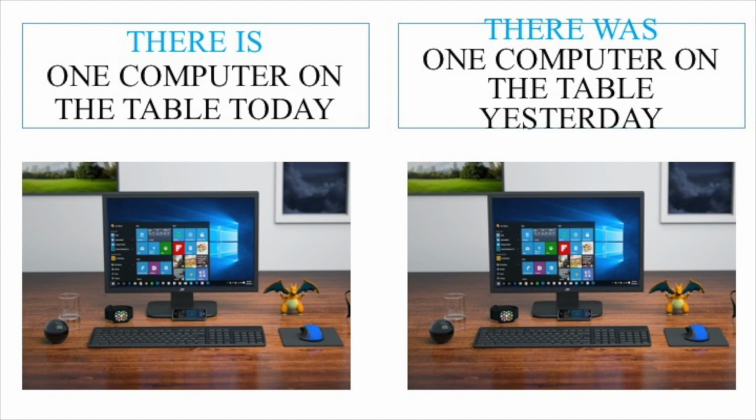How many computers? One. There is one computer on the table today. But what will we say in the past? Not there is. There was. Single object in the past.